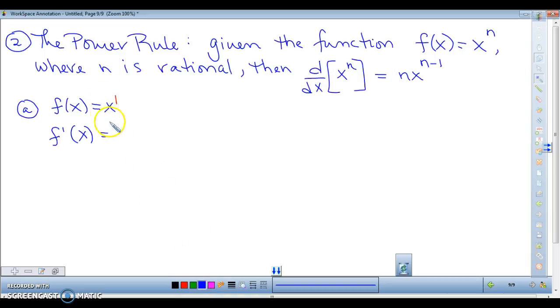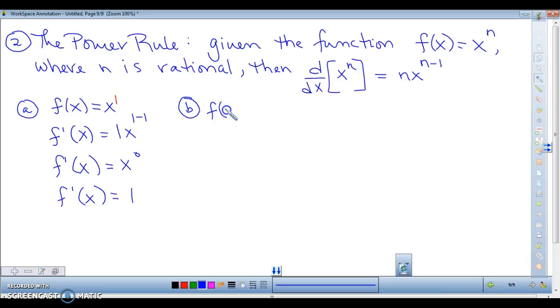So we would bring that 1 down in front, bring down the x, decrease this power of 1 by 1, and so that would give us x to the 0, which really is just 1. And you'll actually see that little pattern with linear functions.